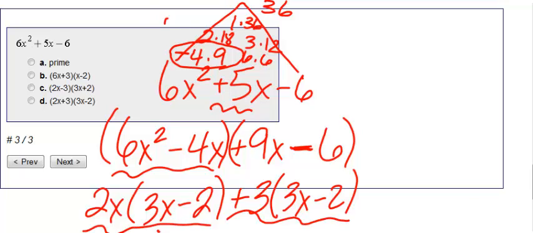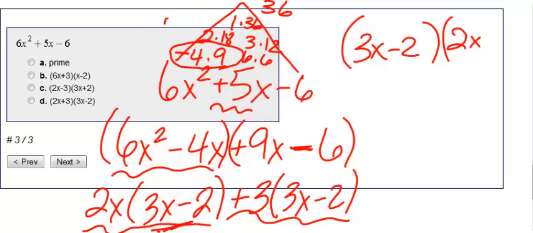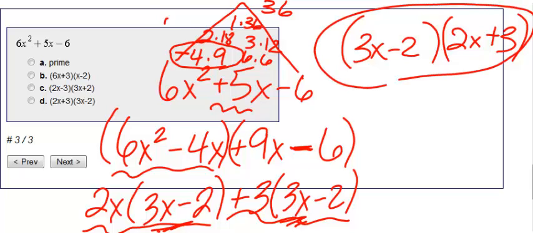Here is another term. They both have 3x minus 2. Therefore, if I pull out a 3x minus 2 here, I'm left with 2x. If I pull it out here, I'm left with plus 3. So we get 3x minus 2 times 2x plus 3 as my final answer, which is choice D.